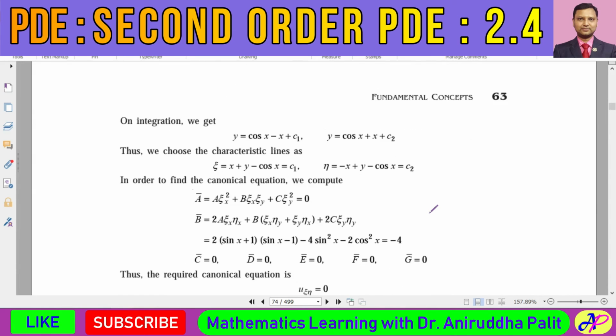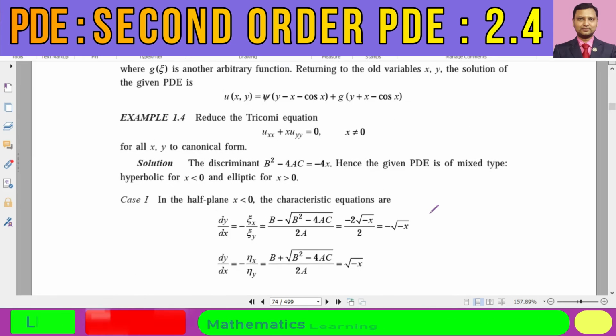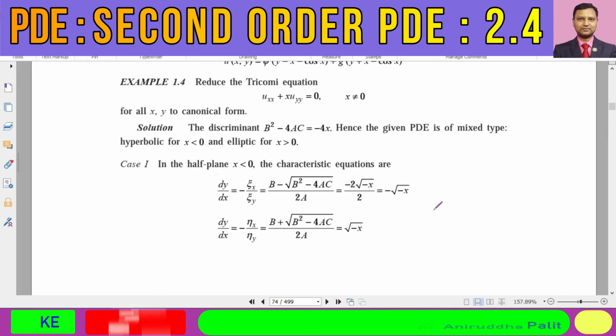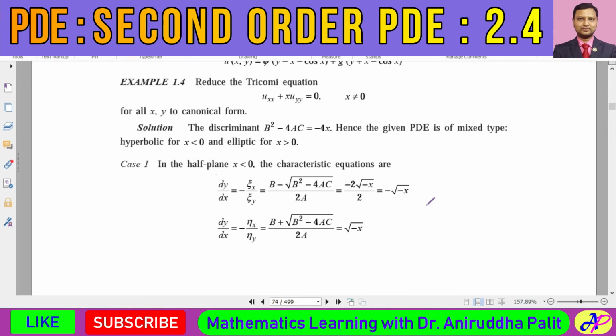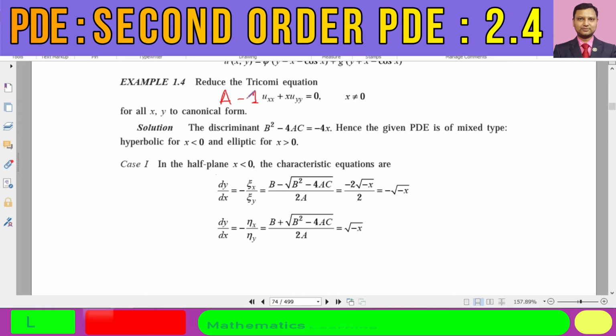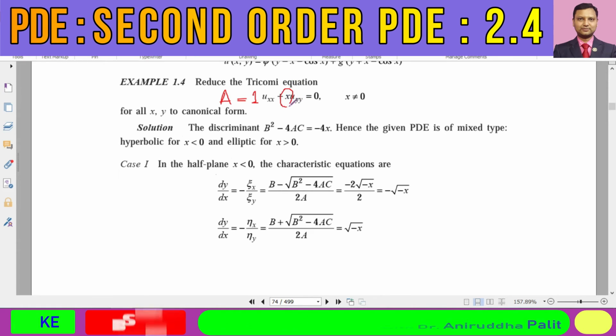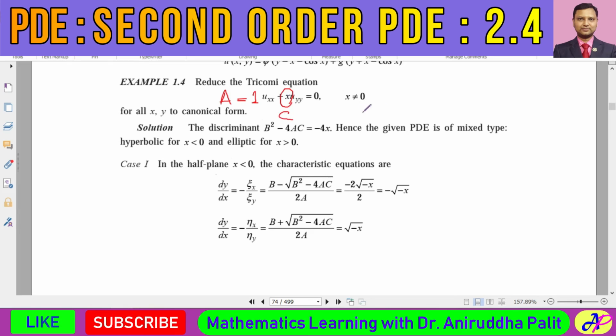So in this way, we get the required canonical form of the given differential equation. Now let's consider another example. Actually, two cases arise over here. Over here you see 1 into x square, so this capital A is equal to 1. And uyy is there, so this is our capital C, and no term like uxy is there.